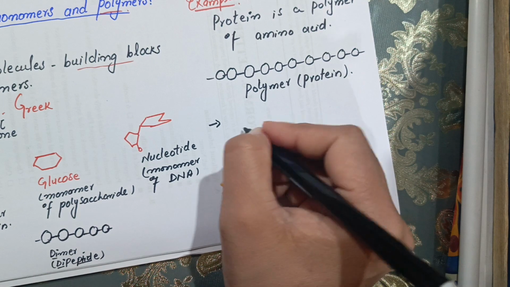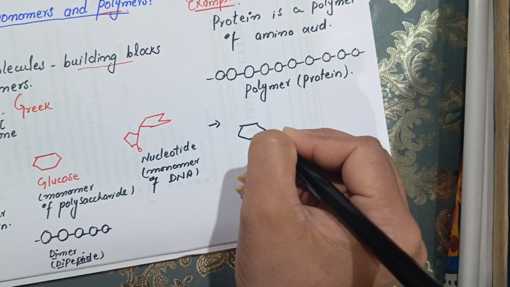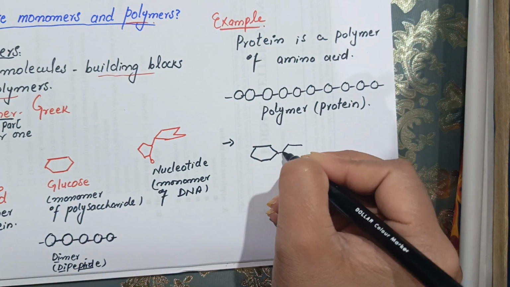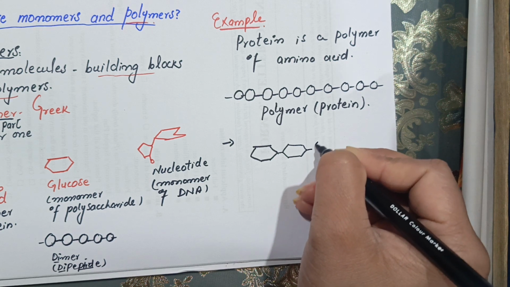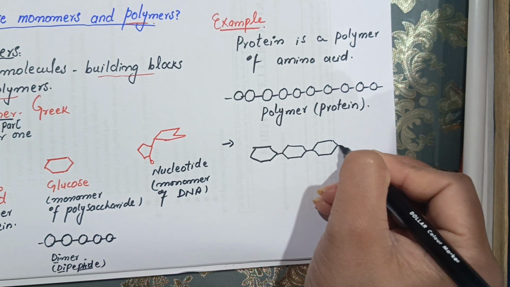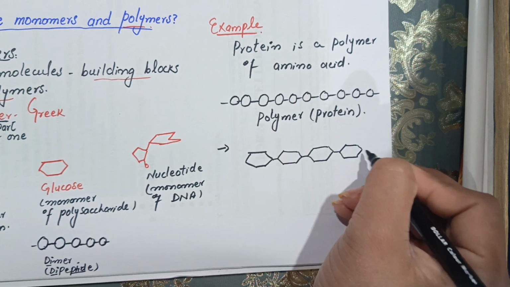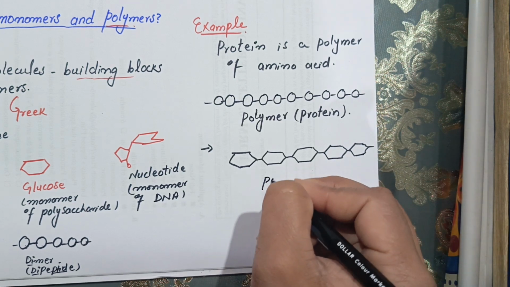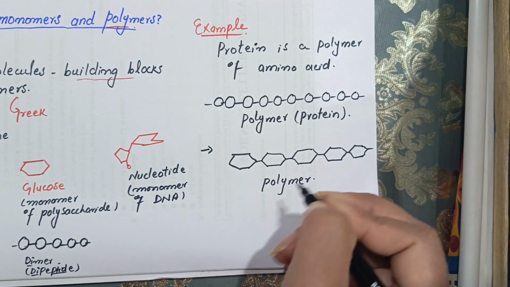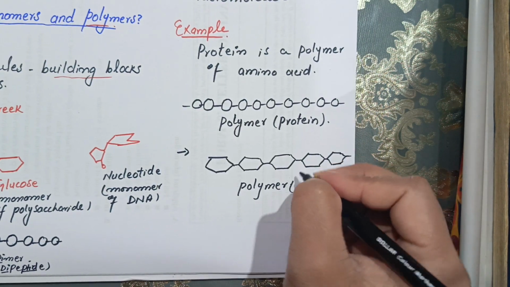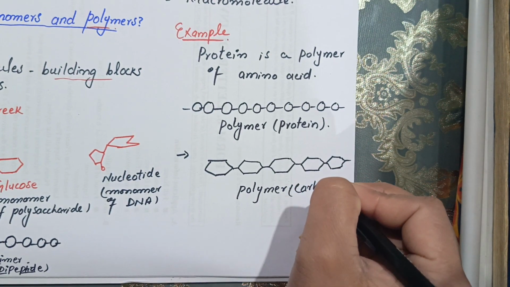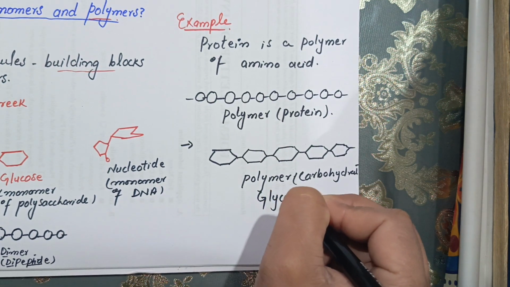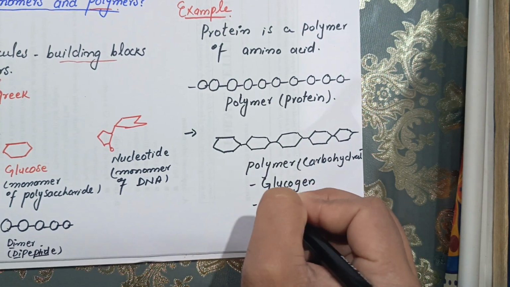Same with monosaccharide, which here is glucose: it combines with another monosaccharide molecule, and bonding like this forms a larger molecule, which we call a polymer. It is a carbohydrate, more specifically glycogen, or it may be any starch molecule.